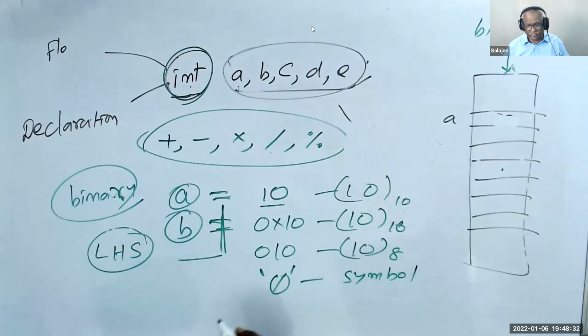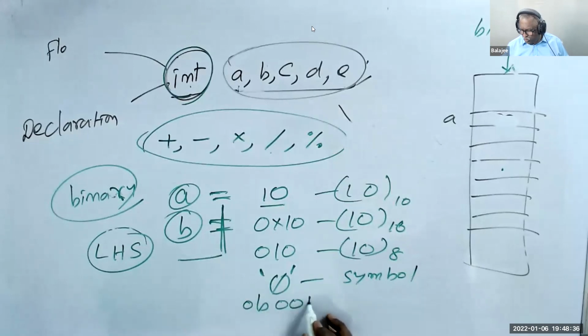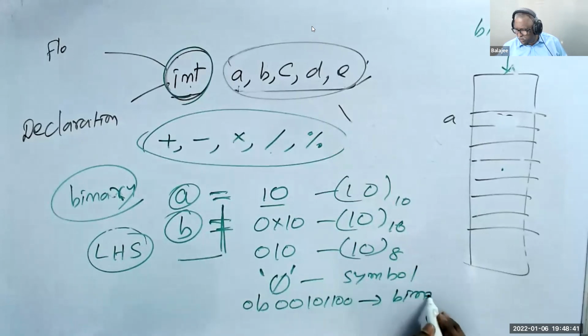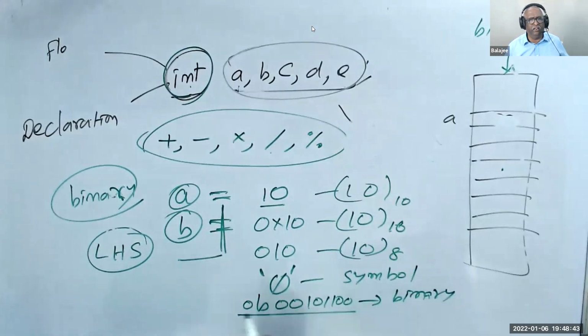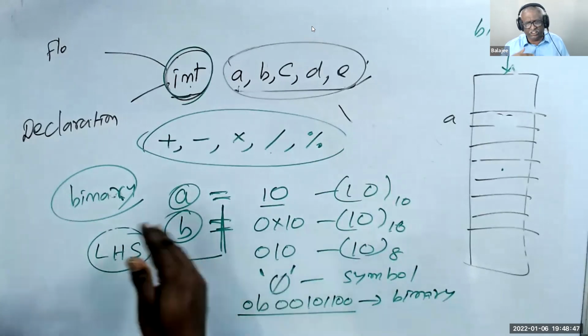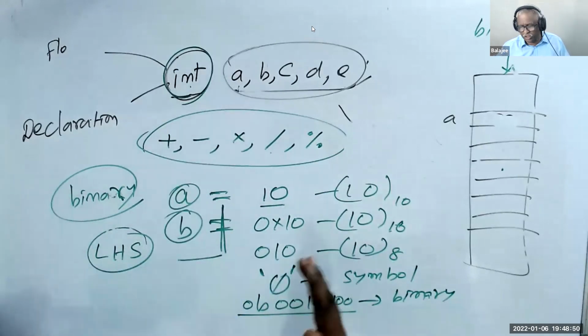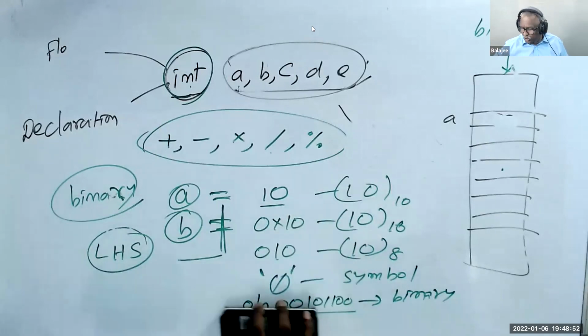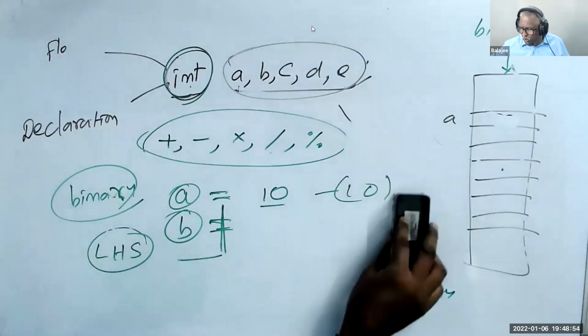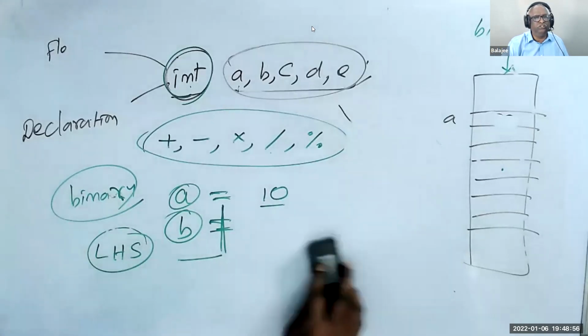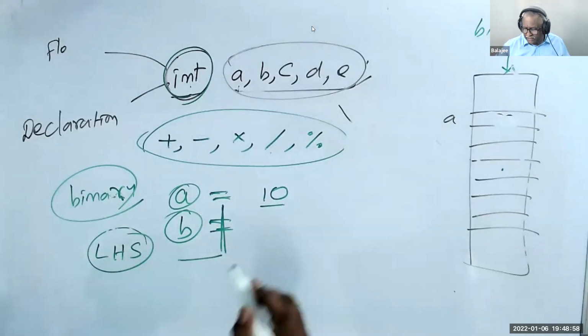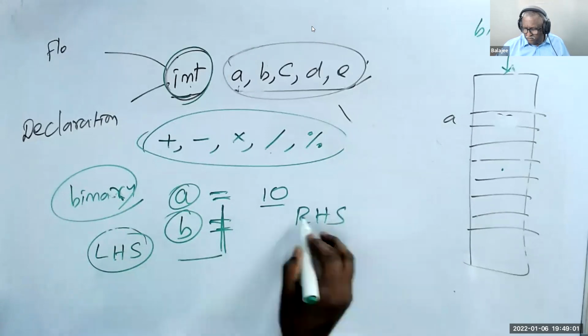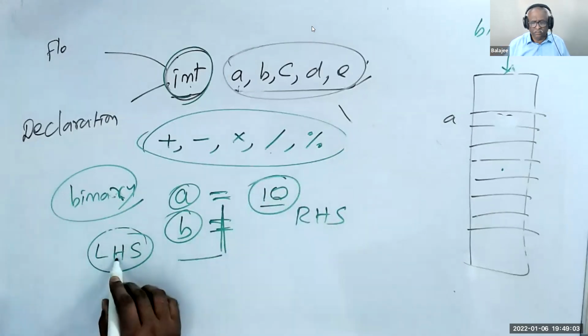Or nowadays we call 0B 0010110001. This is called binary. Originally, this was not there in Dennis Ritchie's C, but it is there today. We're going to discuss this in the next session on the C language. But don't worry about this initially. While you are programming, you assume that right now, the right hand side RHS is decimal. Left hand side is binary.